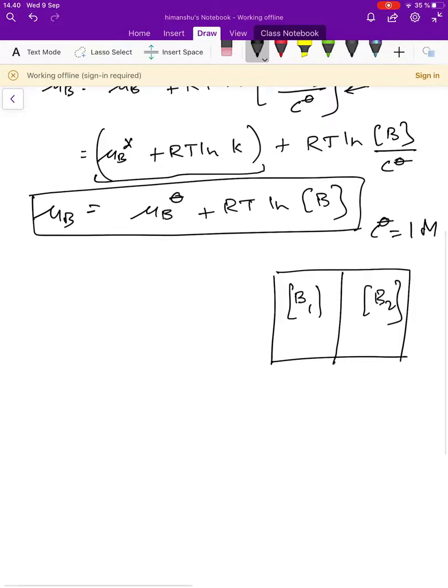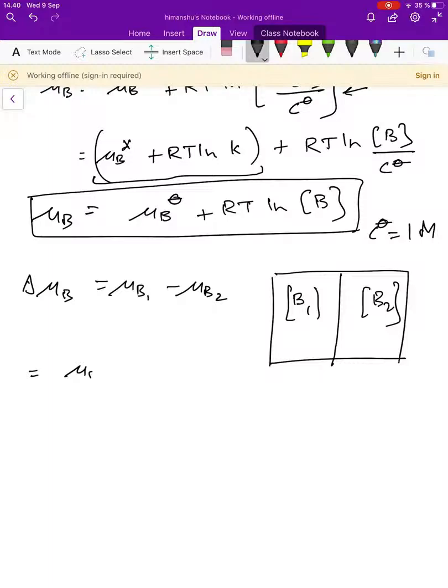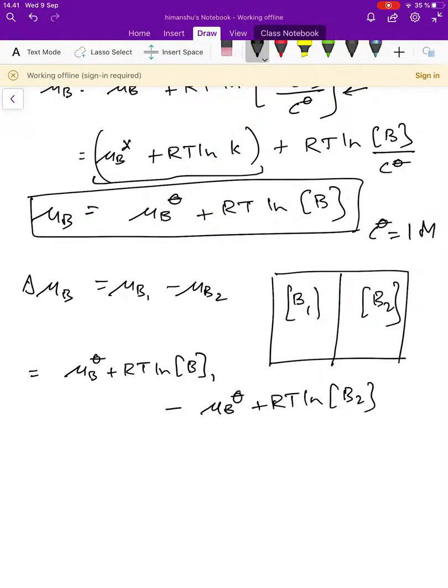If I want to find the difference between the chemical potential in the two compartments, delta mu, we can write this as mu B1 minus mu B2. And this is equal to, if I substitute in the equation above, the standard chemical potential will be the same for both compartments, and then we'll have the concentration of 1 minus the standard chemical potential plus RT logarithm the concentration of 2 in the compartment 2, I'm sorry.